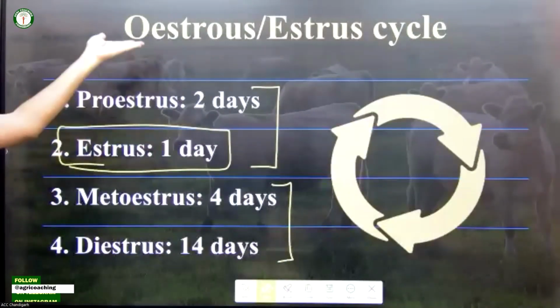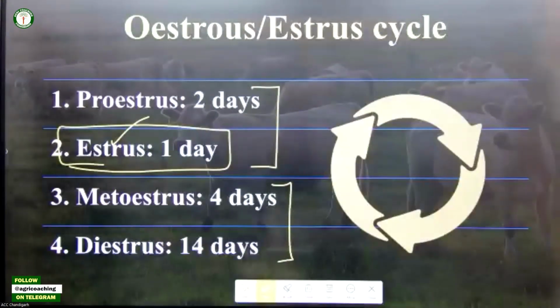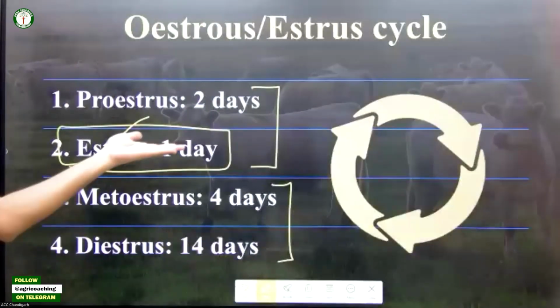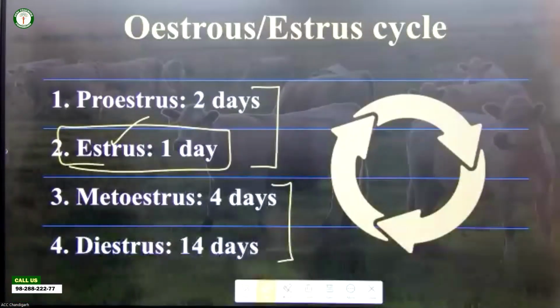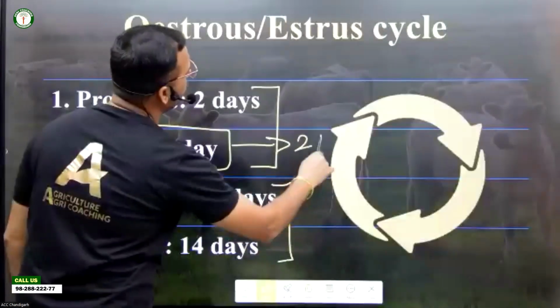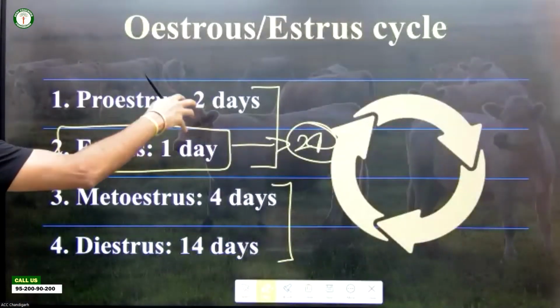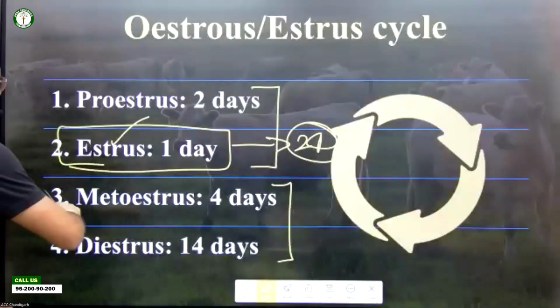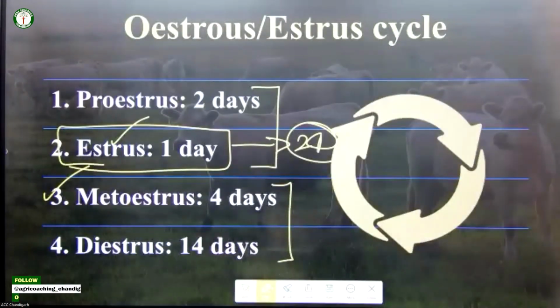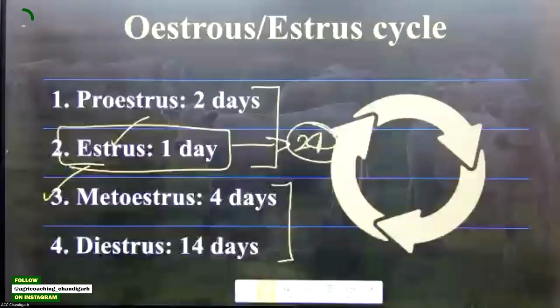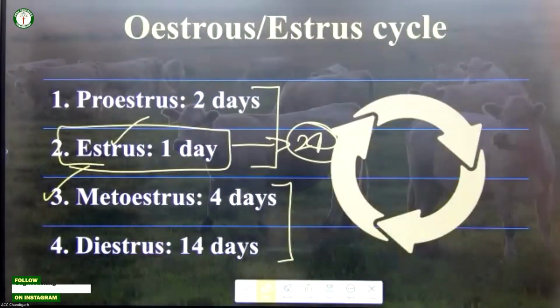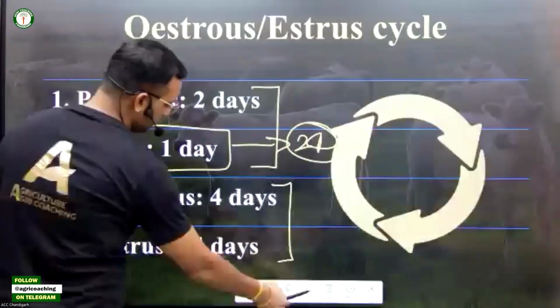When estrogen is at its highest, the cow will come in heat, and it will remain at the highest quantity for 24 hours. So the cow will show symptoms of heat for 24 hours, and after that the quantity of estrogen decreases. Progesterone will come, and progesterone will continue with ovulation, implantation of the embryo, and maintenance of pregnancy.